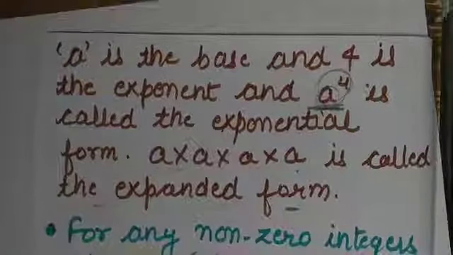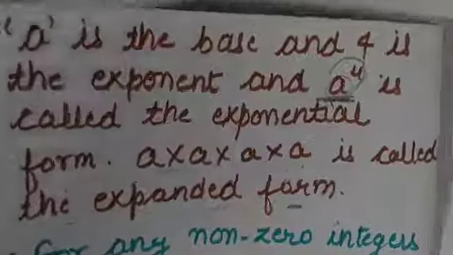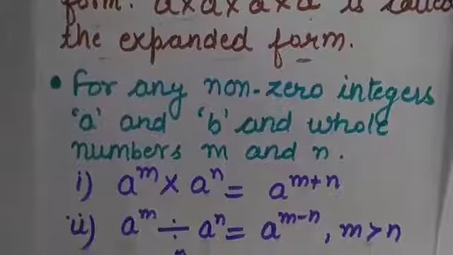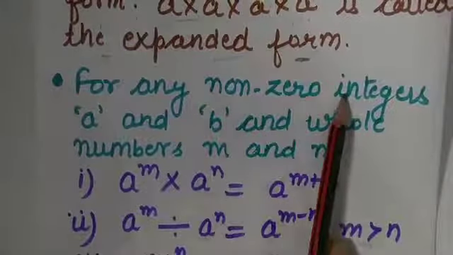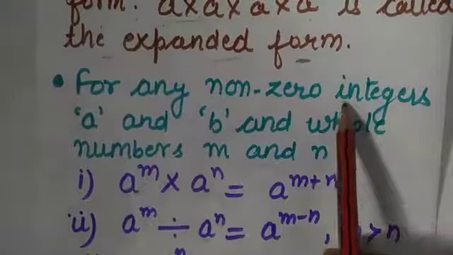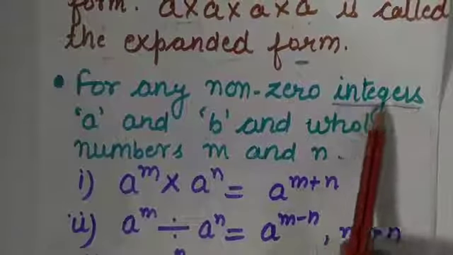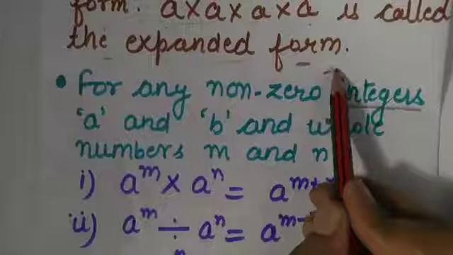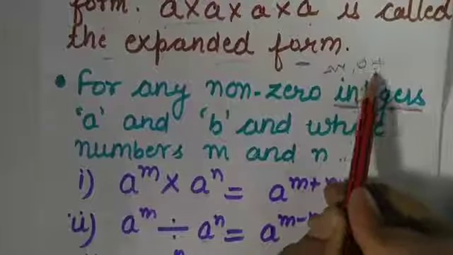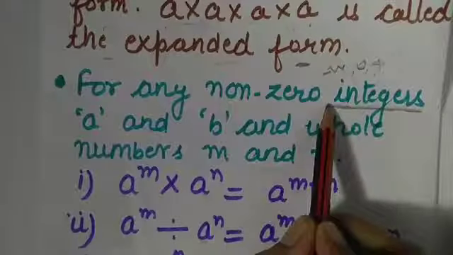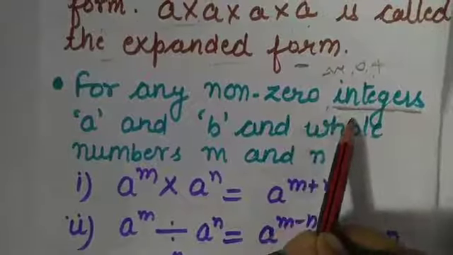Now let us discuss the next point: for any non-zero integers a and b. What are integers? This we learned in chapter 1. All the negative numbers, 0 and positive numbers are known as integers, and integers do not include decimals and fractions.